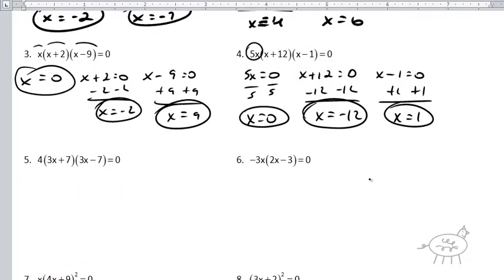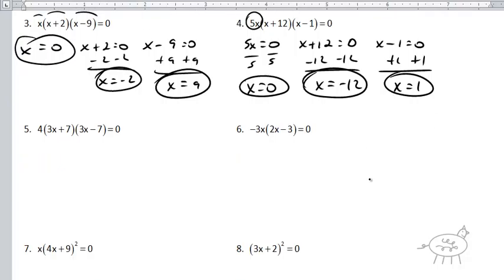Now number 5 is, again, a little tricky because you see this 4 here. But does it have a variable? No. So I ignore it. I don't even do anything with it. Literally, I just take the 3x plus 7 and set that equal to 0, and the 3x minus 7 equals 0.